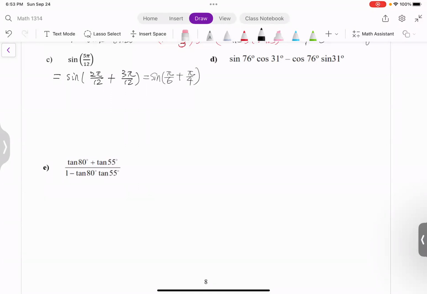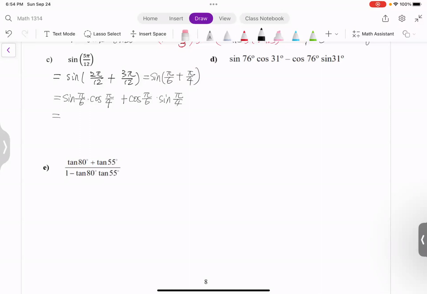Make it the angles we have learned before, because if you use the other form, it's hard to do the computation. You need to simplify first. So we have sine pi over 6 times cosine pi over 4, plus cosine pi over 6 times sine pi over 4. The order doesn't matter. If you put pi over 4 first and pi over 6 second, we have the same solution.